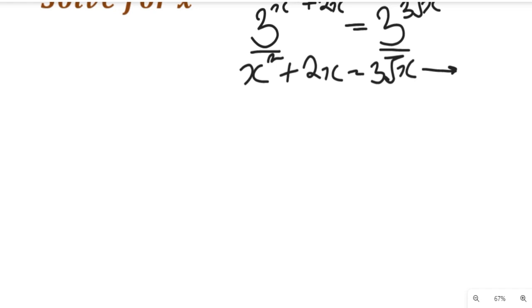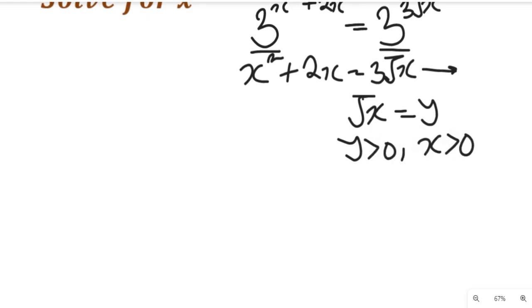Now let's assume that the square root of x is equal to y, remembering that y is greater than 0, and likewise x is greater than 0. If we want to clear this square root, we'll square both sides.